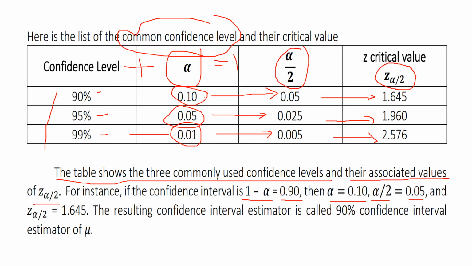We simply divide alpha into 2 if we subject both sides of your normal curve, because we cut it into two equal values. And C sub alpha over 2 is equal to 1.645. The resulting confidence interval estimator is called your 90% confidence interval estimator of your mu.